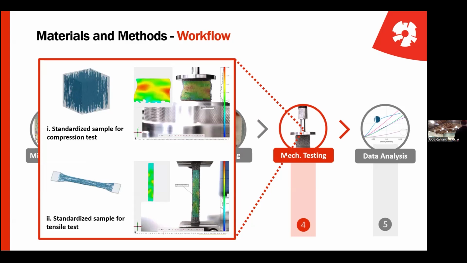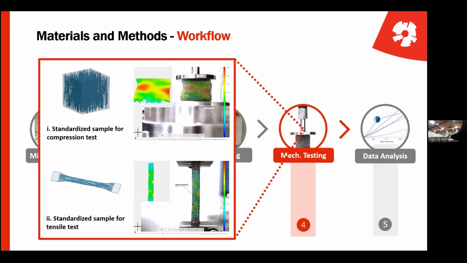Then we characterized all the samples, in this case using uniaxial compression and tensile tests. Along with it, we enriched the standard procedure by using digital image correlation technology, which is basically an image-based technique that records the movements of an ink pattern sprayed before the test.